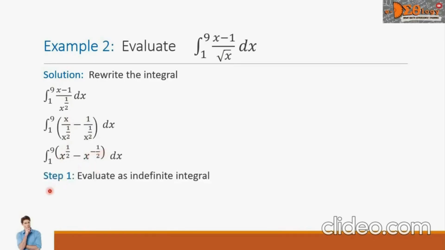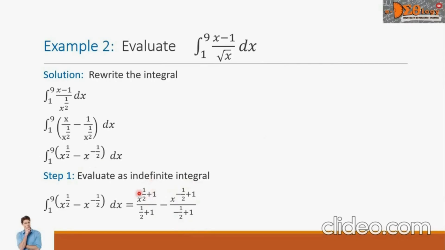And from here, let us do step 1, and that is to evaluate as indefinite integral. Using the power rule, this x raised to 1/2 is now equal to x raised to 1/2 plus 1 all over the denominator 1/2 plus 1, minus this x raised to negative 1/2 has the integral x raised to negative 1/2 plus 1 all over the denominator negative 1/2 plus 1.